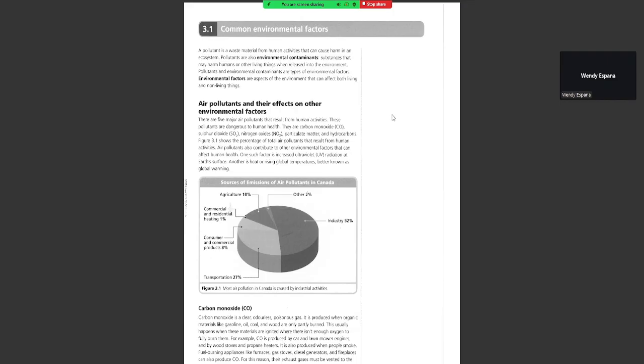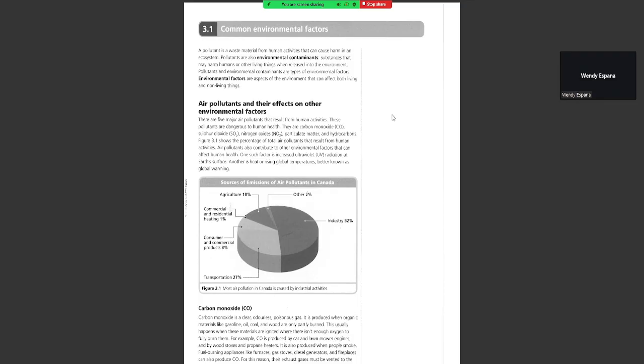The nitrogen oxides, remember they could be NO, NO2, NO3. There are different nitrogen oxides. Particulate matter, we've talked about that before. Those are the particles in the air, and our example of that was smoke. And hydrocarbons, which is when carbon and hydrogen form a compound. We've talked a little bit about that, like methane gas, CH4.